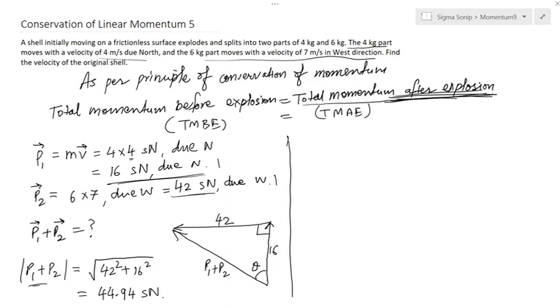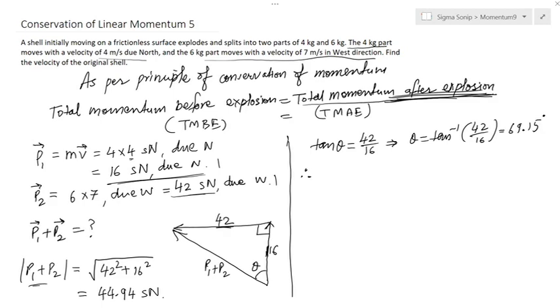Now I also need to find the angle here. From this triangle we can see that tan theta is equal to opposite over adjacent. So tan theta is equal to 42 over 16. That gives theta equals tan inverse of 42 over 16, and plugging this into a calculator, I'll get an angle of 69.15 degrees.